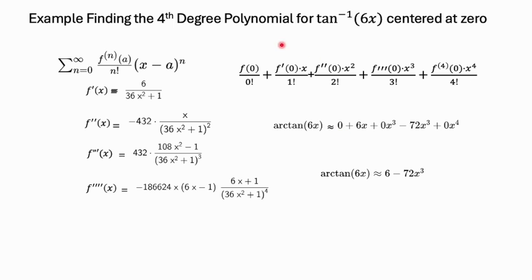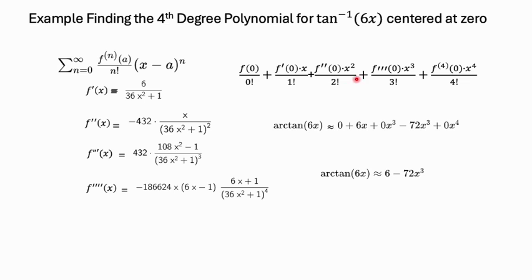Then when n is equal to 1, that would be our x to the first, and to find our coefficient, we plug in 0 into the first derivative and divide by 1 factorial, which is just 1. So when we plug in 0 into the first derivative, we get 6. So we have 6 over 1, which is just 6. And so that's why we have 6x here. That's our x to the first term.